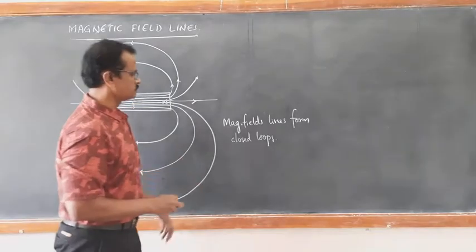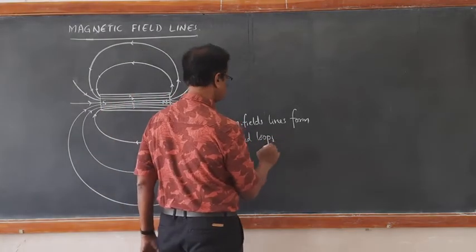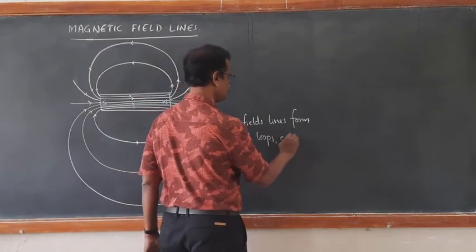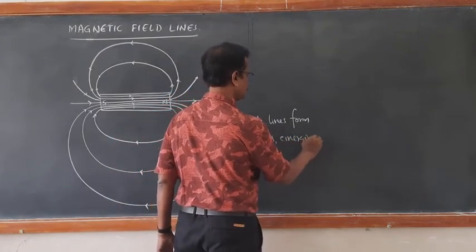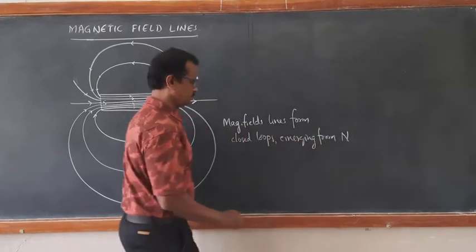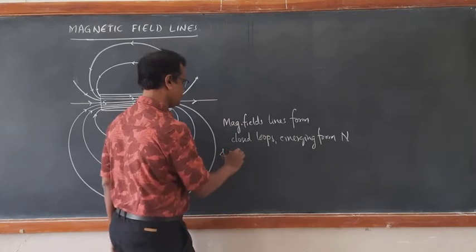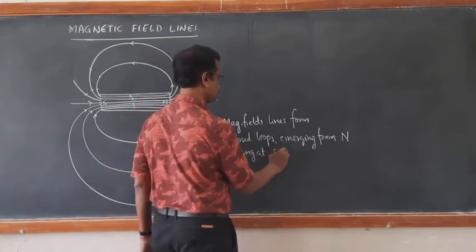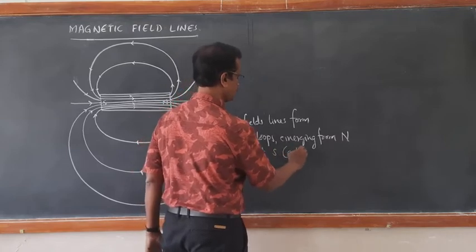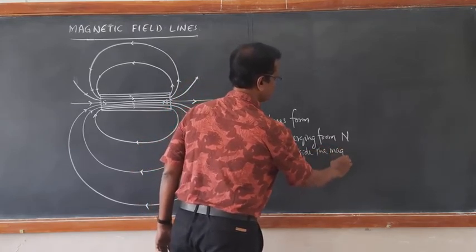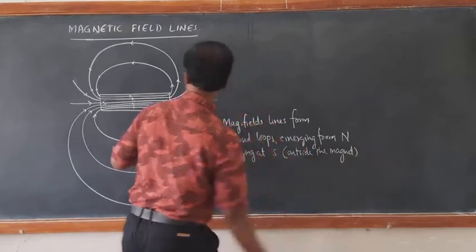See, closed loops emerging from north and merging at south. This is outside the magnet.